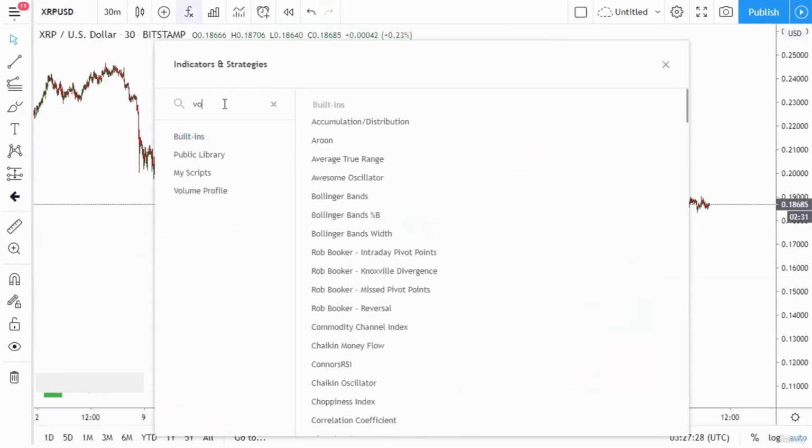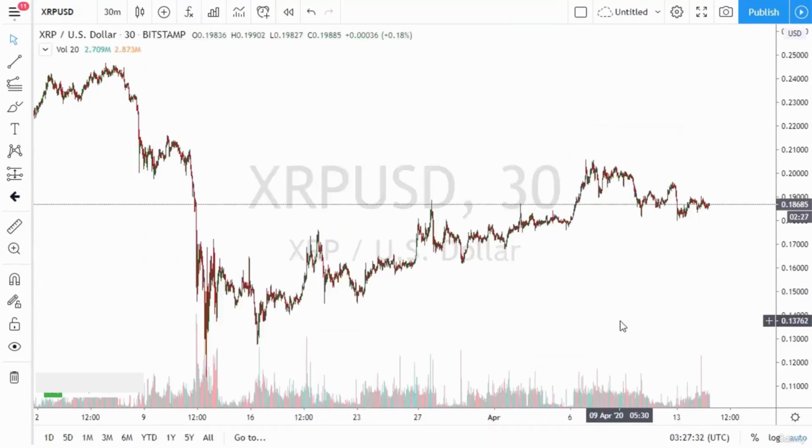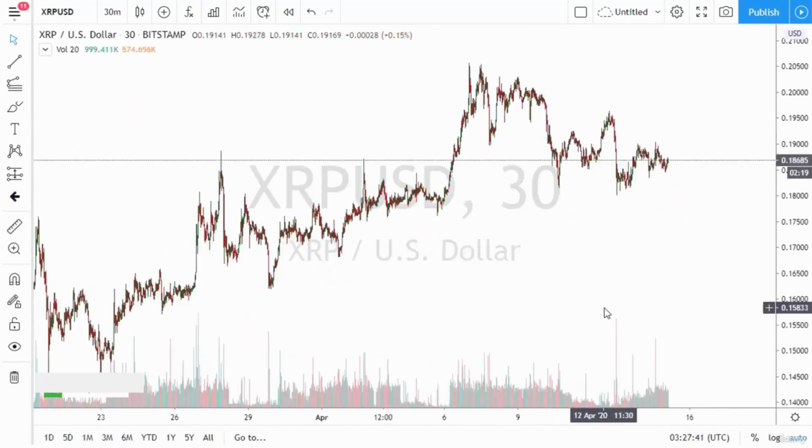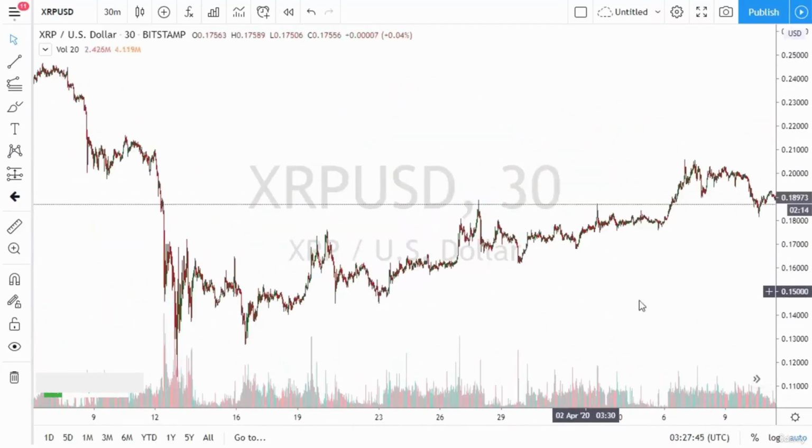So I have a Ripple chart pulled up. And there are quite a few different ways to look at volume and the trend.